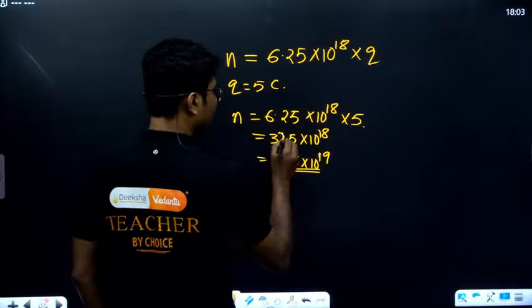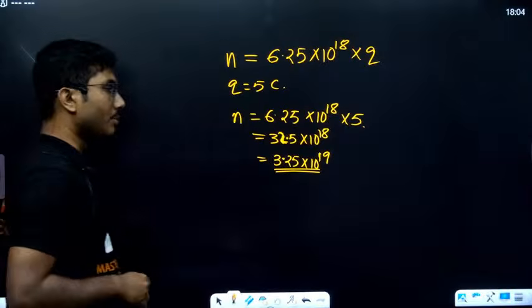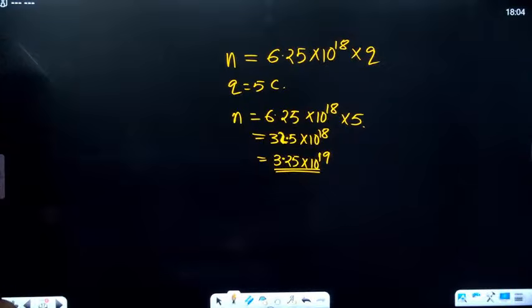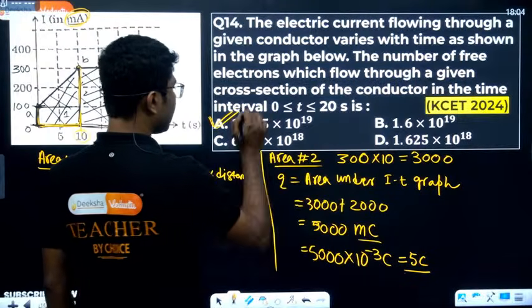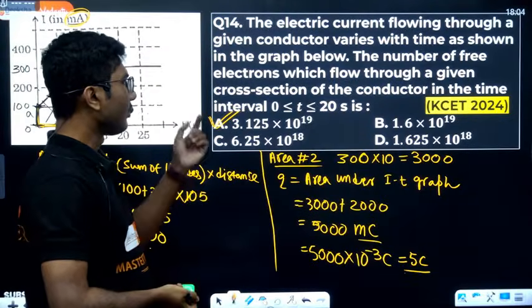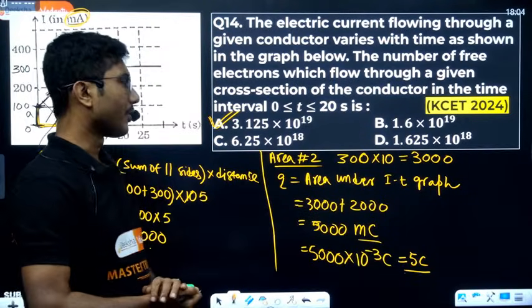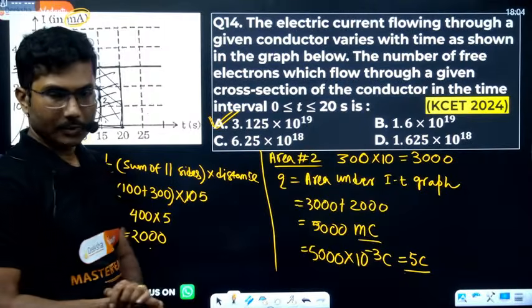One decimal we have reduced, so 3.125 into 10 to the power 19. These many electrons are flowing. So if you read the option, the correct answer is 3.125 into 10 to the power 19. So this will be the answer for this question, right?